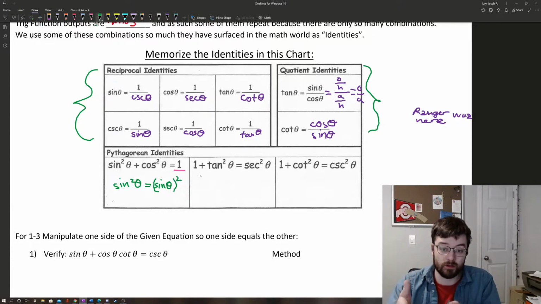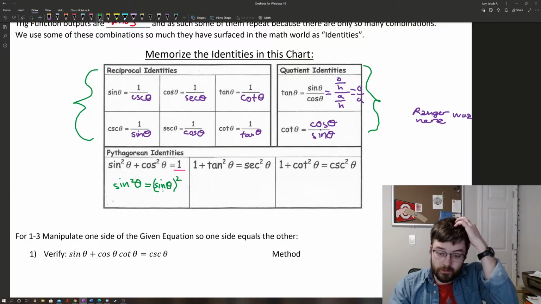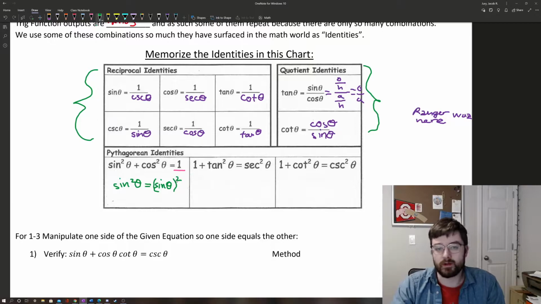That's squaring the trig function. It's not squaring theta, it's squaring the trig function. So both of these statements are equivalent. I know it's weird, but that's what that is saying. It's a squared trig function.